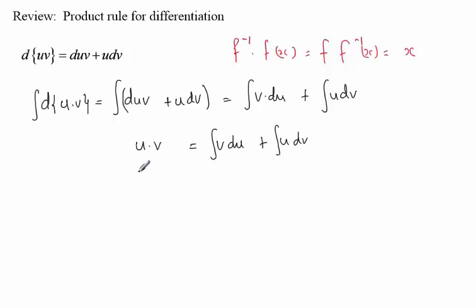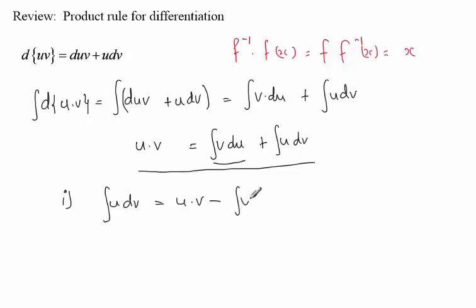Then I think you can see here that I can get two expressions out of this one. What is one expression? If I subtract this expression on both sides, I'll get a 0 here. Then I'll have the integral of u dv equals uv minus the integral of v du.